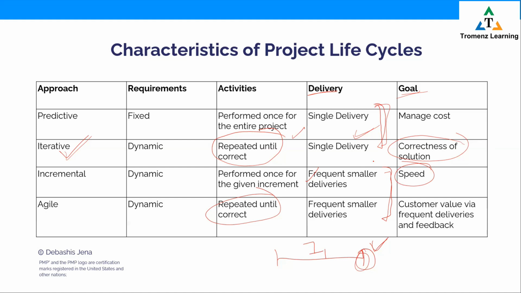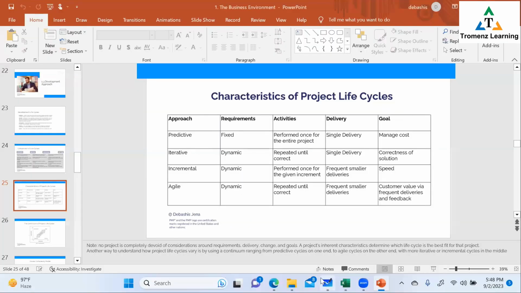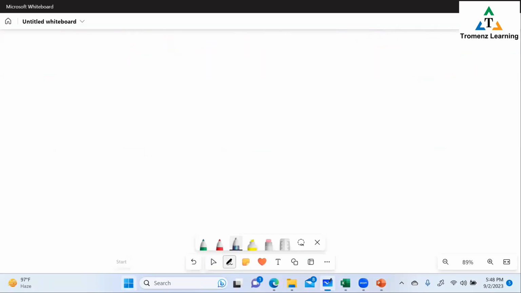Do you understand this incremental? Let me give you a simple example. Say we need to come up with a residential complex. So we'll have 500 apartments built in all, or flats. This is my project.